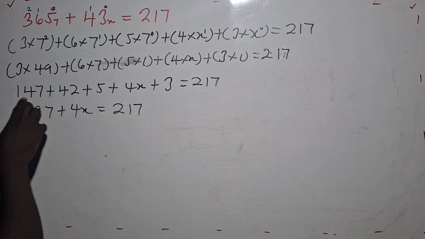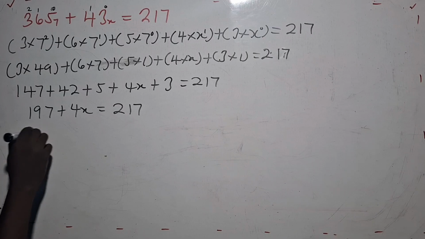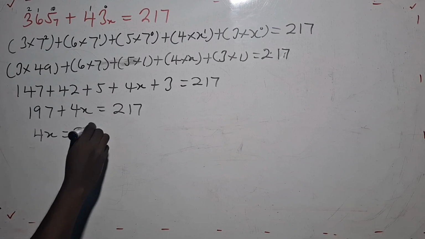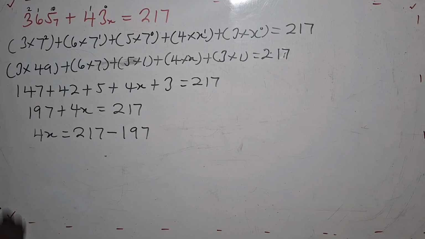So I added these like terms. Now we have to group the like terms. So 4x will be equal to 217 minus 197. So our 4x, now 217 minus the 197 will give us 20.